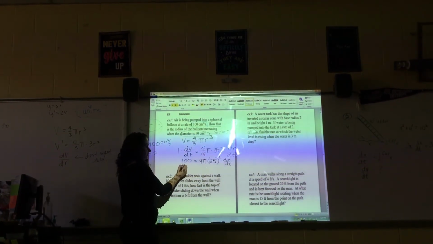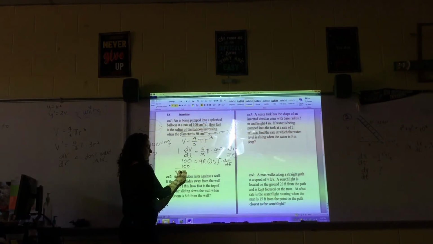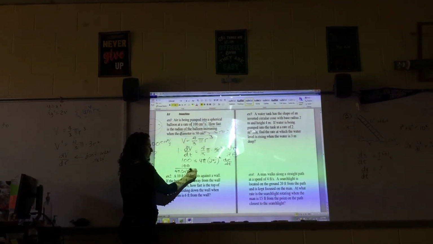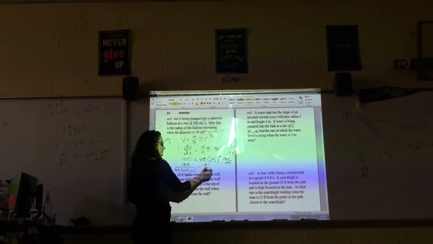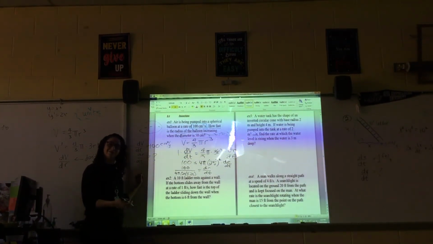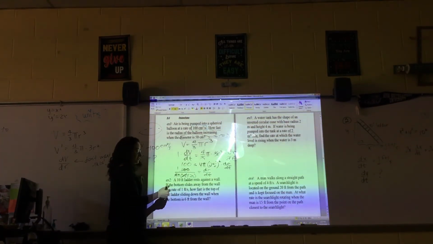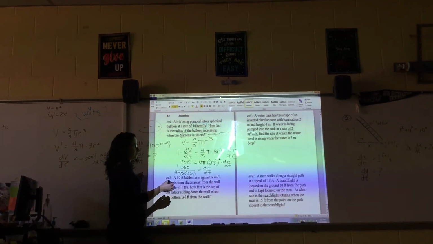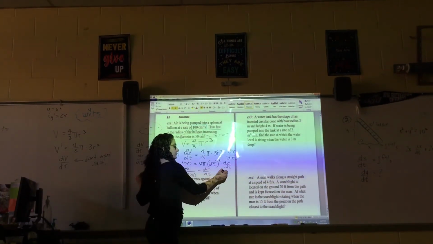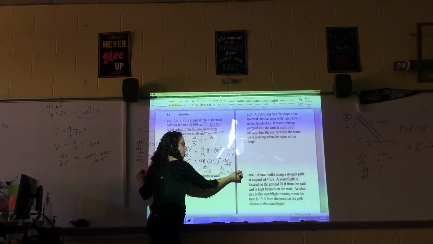I'm going to do 100 divided by all that, so 4 pi times 25 times 25 equals dr dt. I'm writing that out because I'm lazy about finding a calculator. 4 times 25 is 100, so I end up with 1 over 25 pi. Make sure your pi is in the denominator.